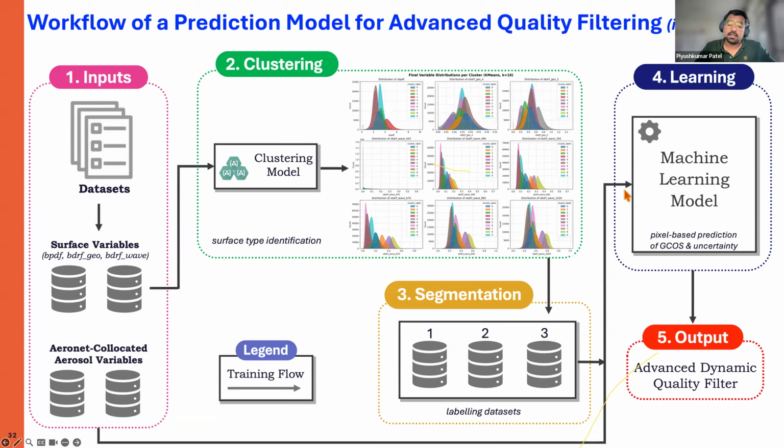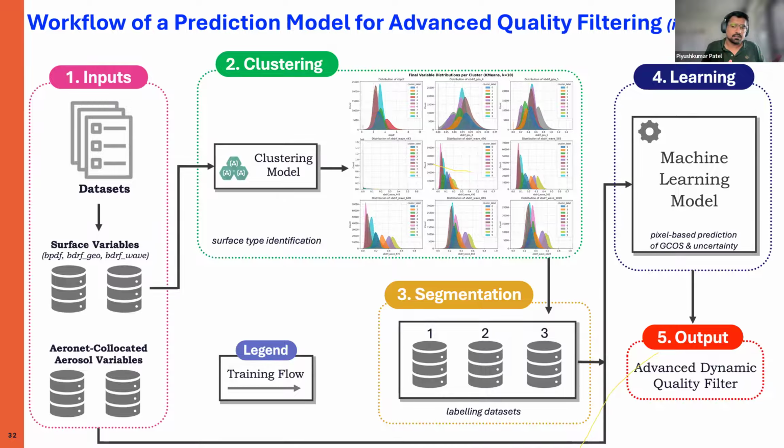And then we are training the machine learning model. So the model can identify what type of surface you have, what type of aerosol signal you have. And based on that, the model can give you the number of uncertainty, or what we call the GCOS value. So GCOS is the value required when you use any aerosol variable from the space. That value is the uncertainty value defined by the global community.